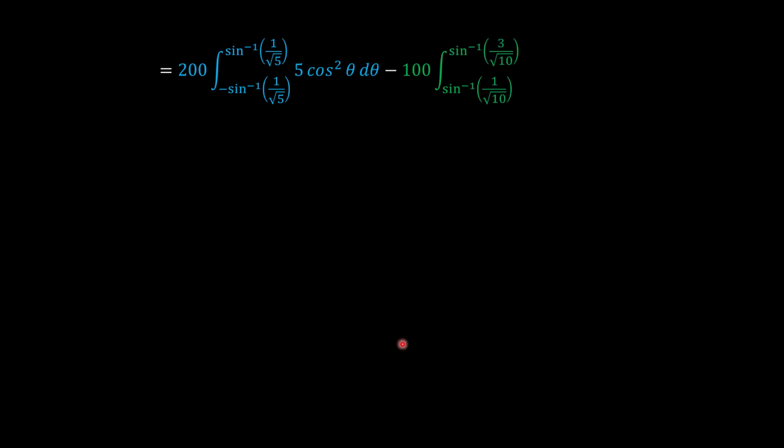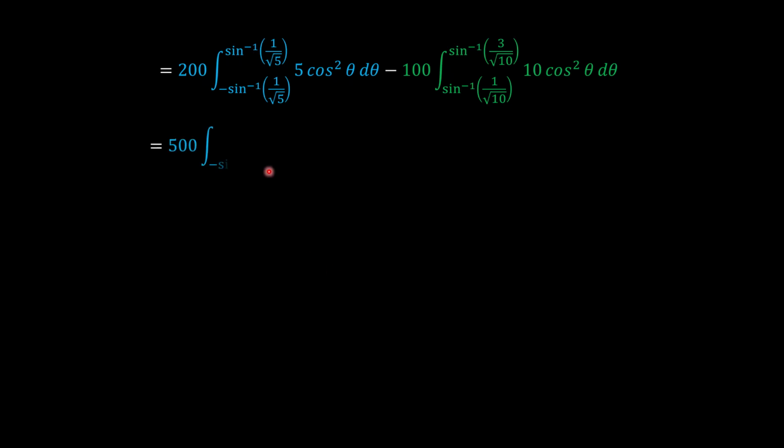So with that in mind, one thing we want to use, an identity that's very important for us, is we know cosine squared theta is the same as cosine 2 theta plus 1 over 2. So where we see cosine squared theta, we're going to plug in cosine 2 theta plus 1 over 2.